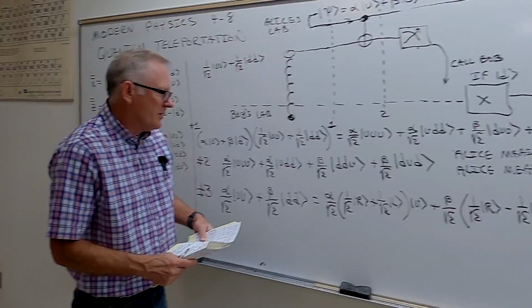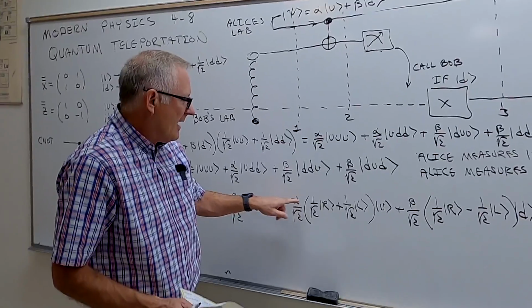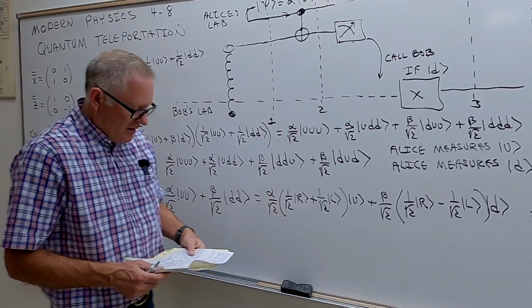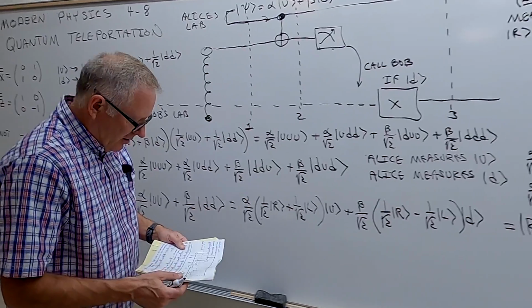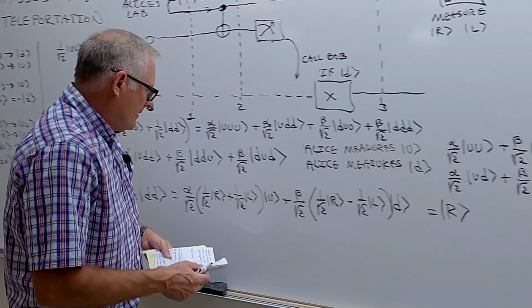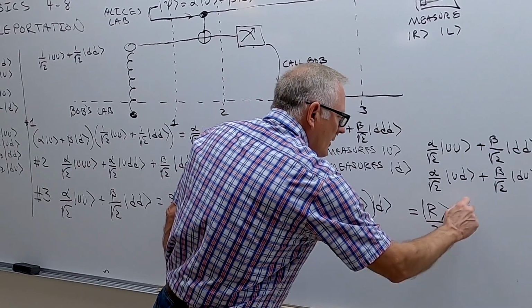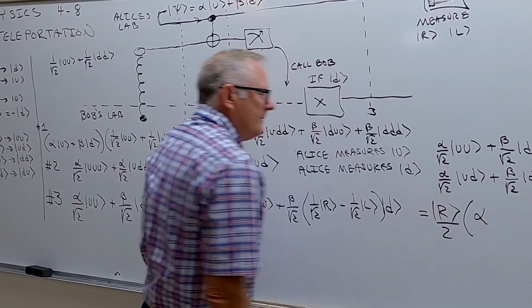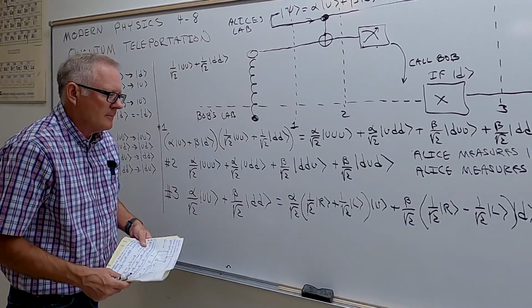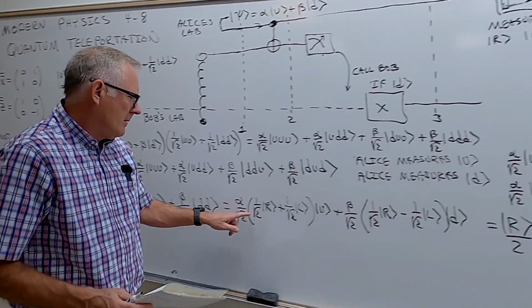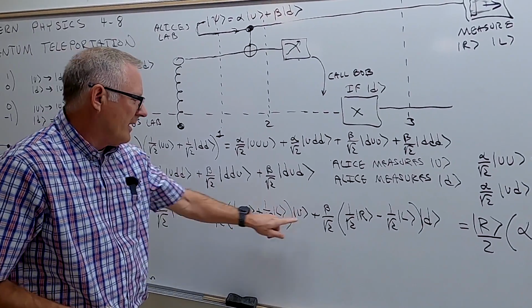So what's left with the right? If I factor it out, I got alpha over 2. I think I'll pull out the 2. So I'll pull out the 2, and I got an alpha up.